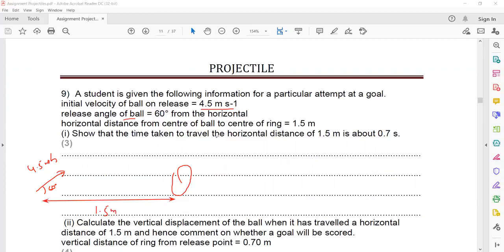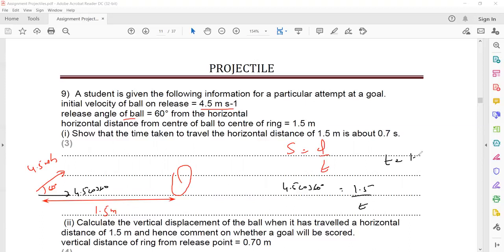Show that the time taken to travel the horizontal distance of 1.5 is about 0.67. So we have the velocity, but we don't have the horizontal component, because speed is distance over time. We need the horizontal component of speed. So how to get the horizontal component of speed? The horizontal component of speed is written with cosine. So it will be 4.5 cos 60. The distance is 1.5 and the time is t.